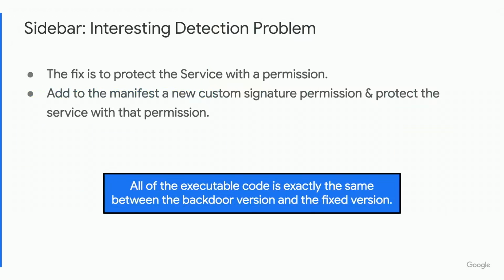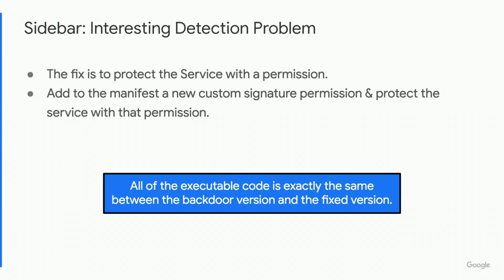But this posed sort of an interesting detection problem to me that I just thought was interesting and fun. The fix for the OEM is to add a permission protecting the service so that only other code of theirs is able to call this. And that means in the fixed version and in the backdoored version, all of the executable code is exactly the same.